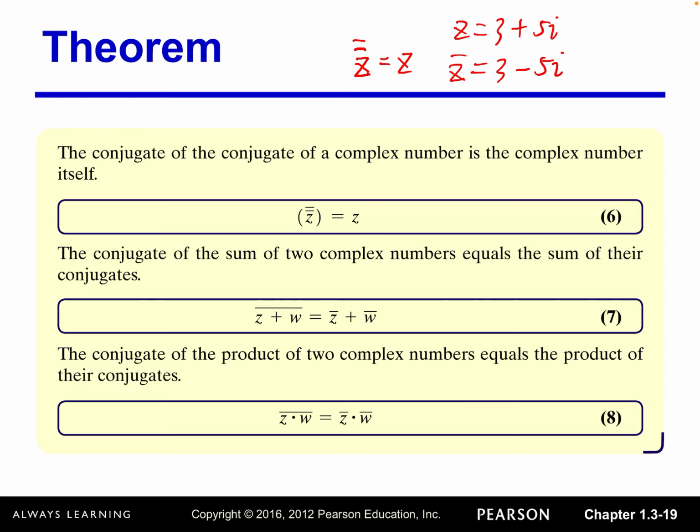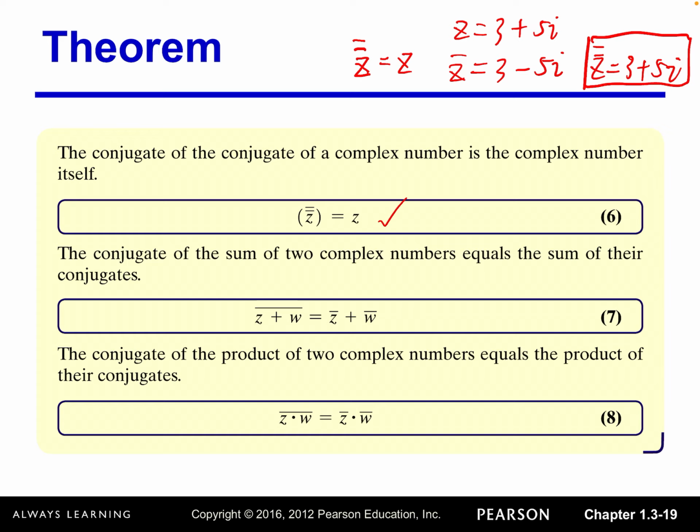Flip the imaginary part sign. And then if we take the conjugate one more time, the conjugate of z bar, that goes back to 3 plus 5i, right? Flip the sign two times, plus, minus, and then plus again. So that's why it's the same as the original complex number. That's what this theorem talks about.